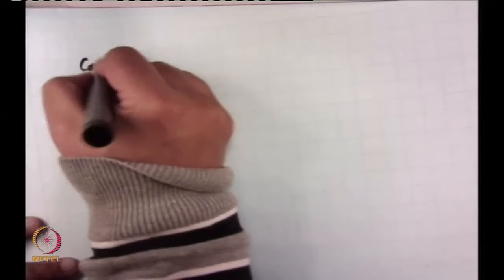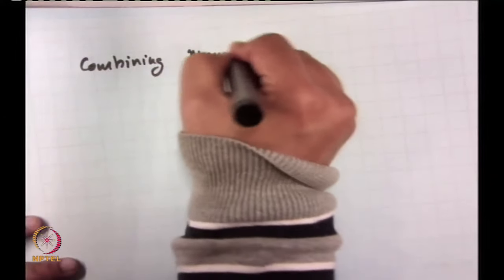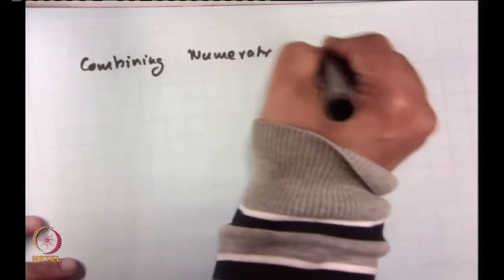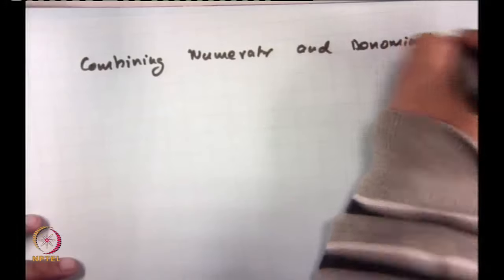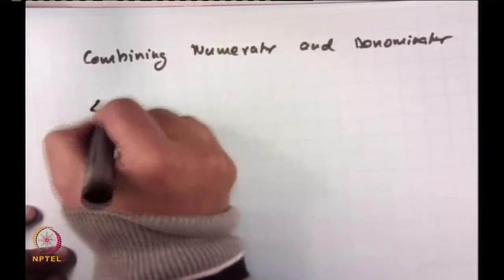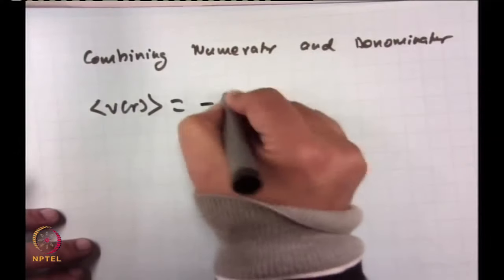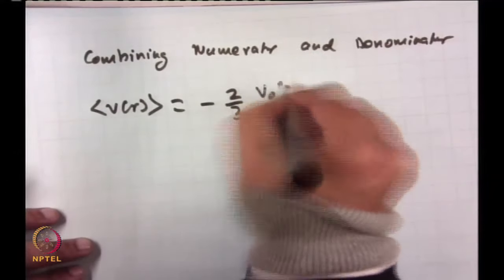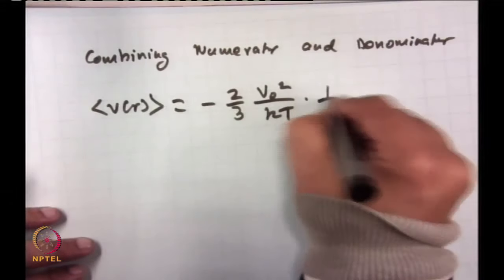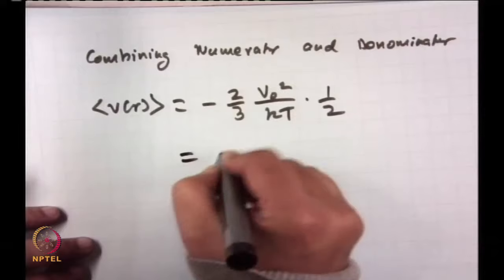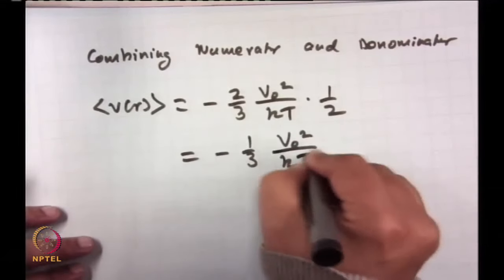So, combining numerator and denominator, then average of V of r is equal to minus 2 by 3 V0 squared over kT, and what did I have in the denominator? 2. So, it is essentially minus 1 by 3 V0 squared over kT.